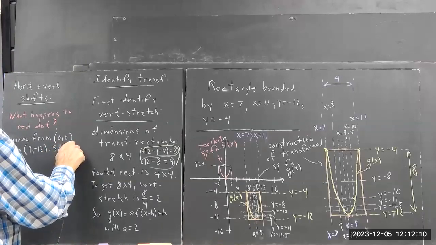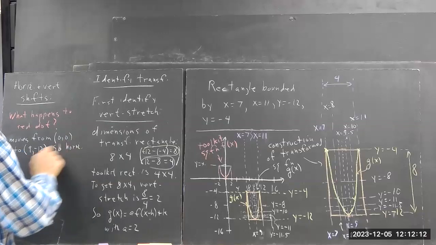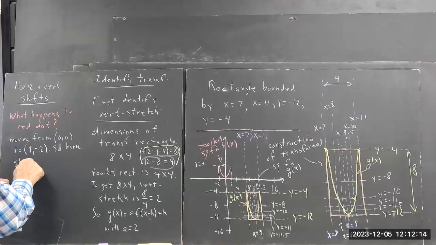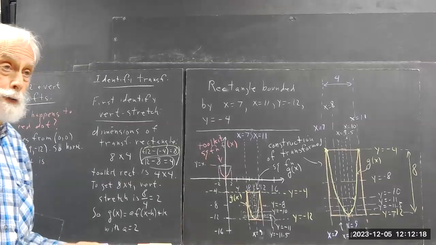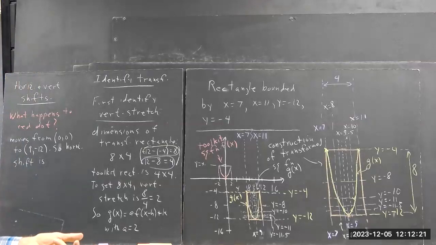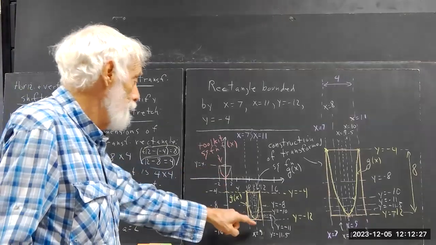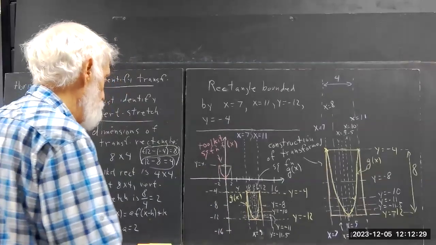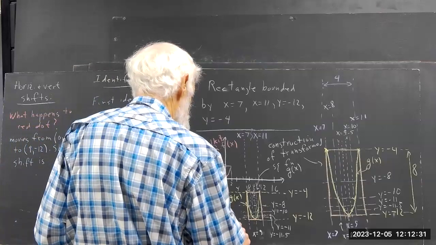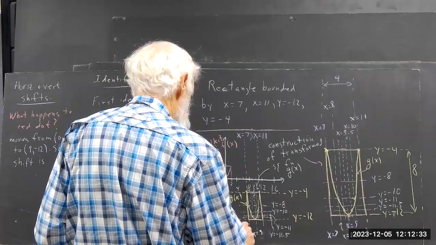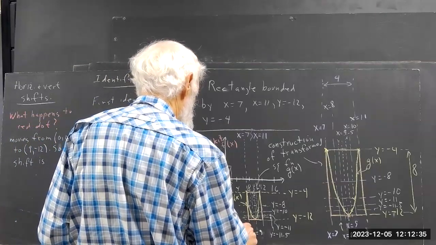So, show with your fingers what the new horizontal shift would have to be. We want to go from 0, 0 to the point down here, which is 9, -12.